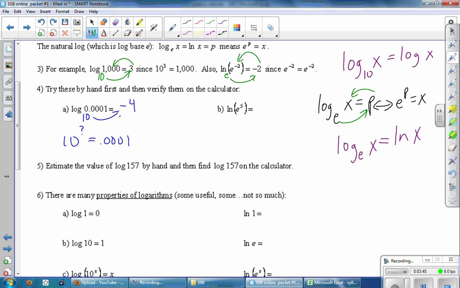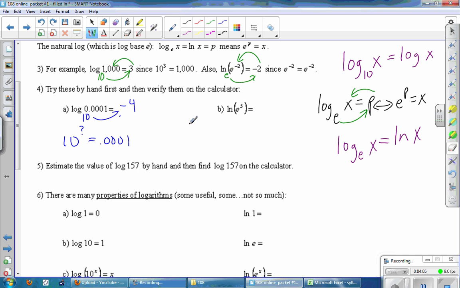It's either negative 3 or negative 4. It's late. I'm having trouble. Let's see. 10 to the negative 1 means 1 over 10. So that means that when the power is 1, there's 1 zero down there. Okay, I think we're good there.